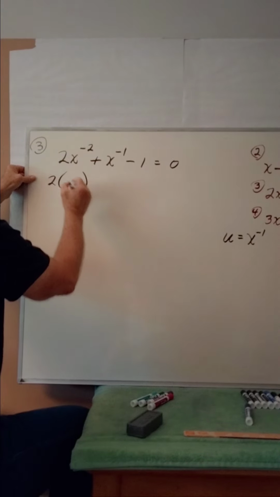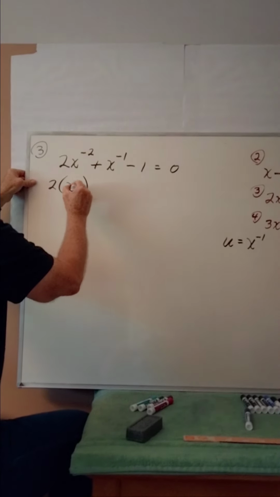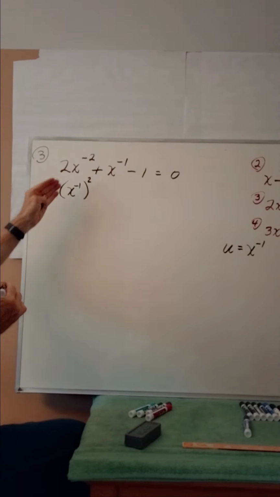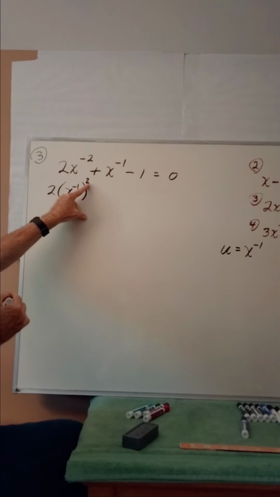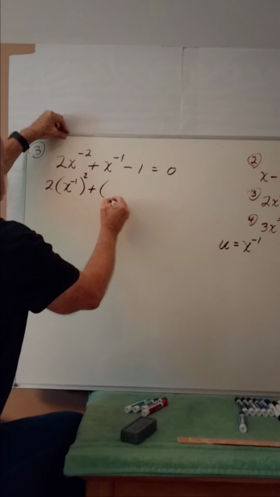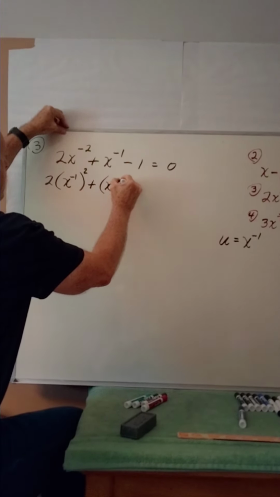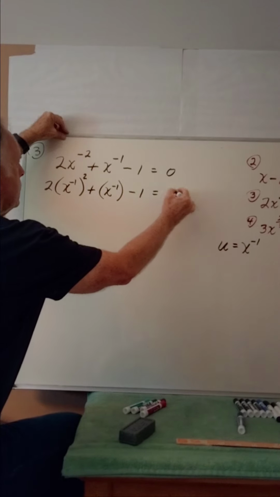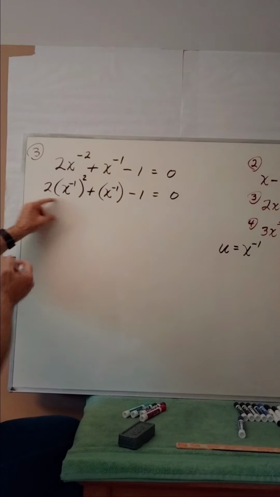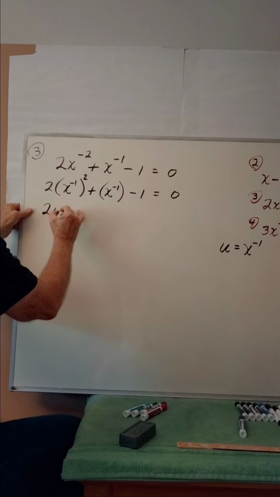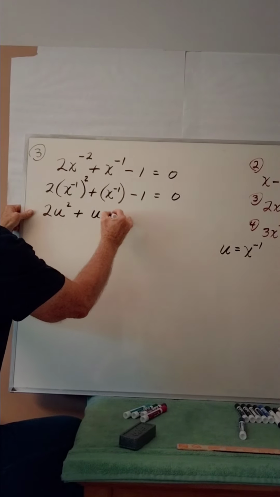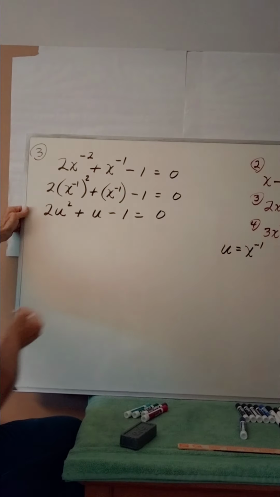In the house, put x to the negative first to the second, just to kind of get it into the form of a quadratic. Negative 1 times 2, there he is. Bring down the plus sign, make a house. X to the negative first minus 1 is equal to 0. Now we'll insert u where we see x to the negative first. 2u squared plus u, negative 1 is equal to 0.